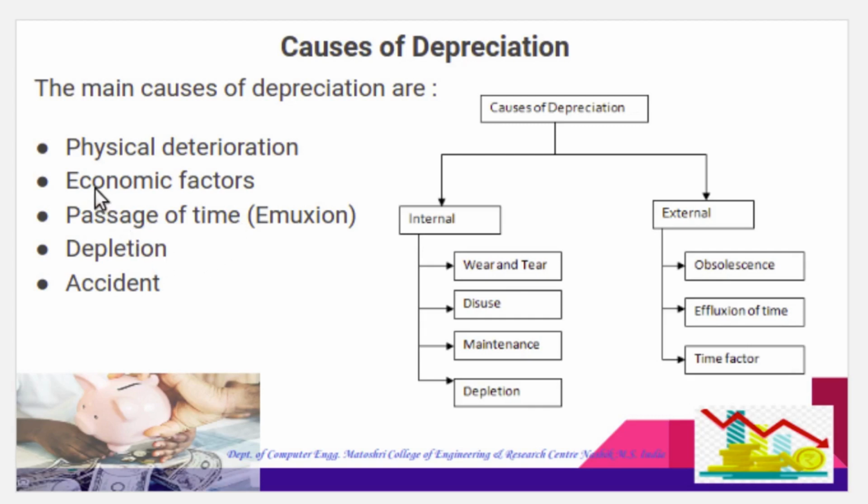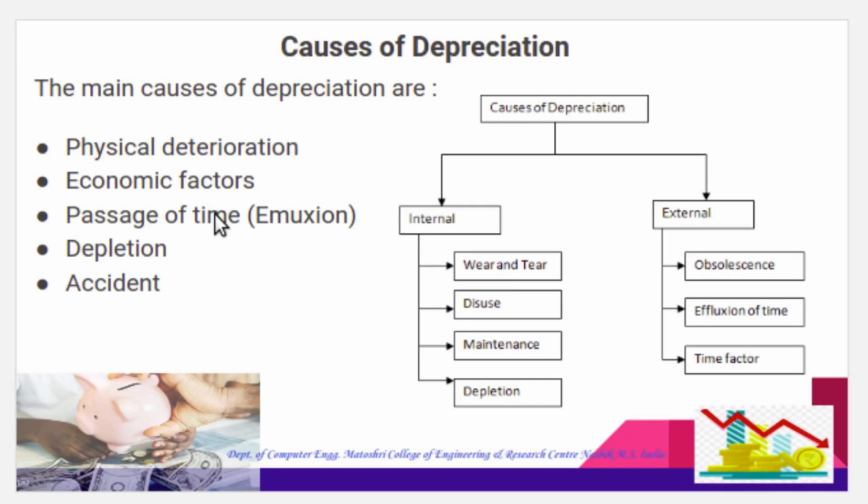Then the next factor is the economic factor. These factors make the use of assets uneconomical though the asset is in good physical condition. This arises due to obsolescence caused by the invention of improved techniques or equipment.